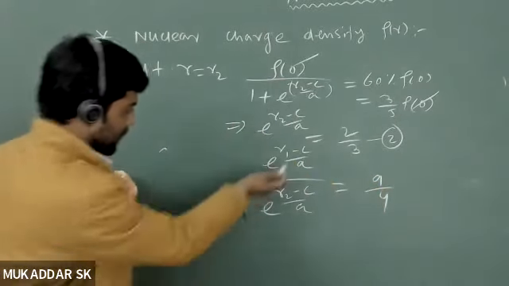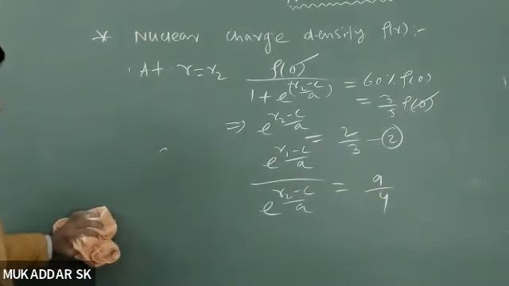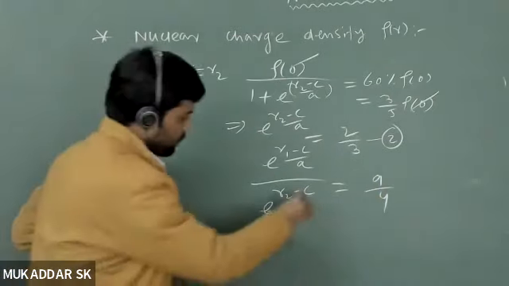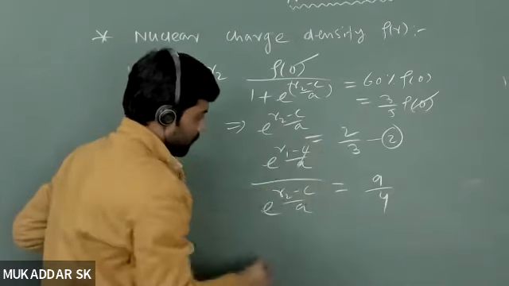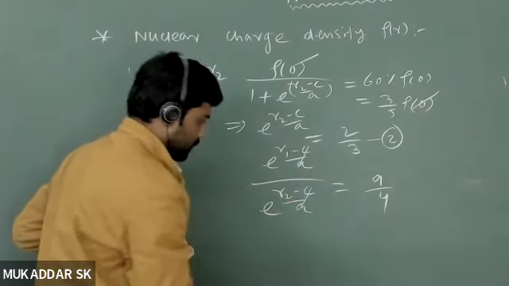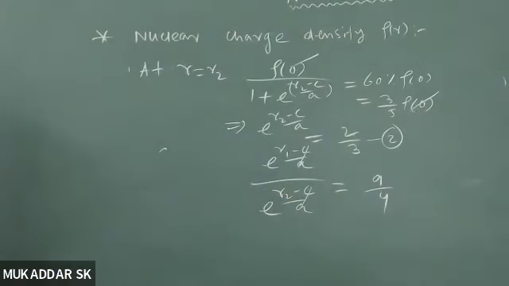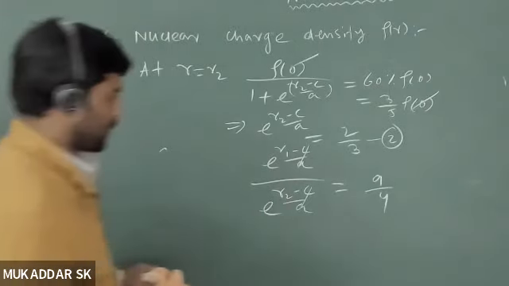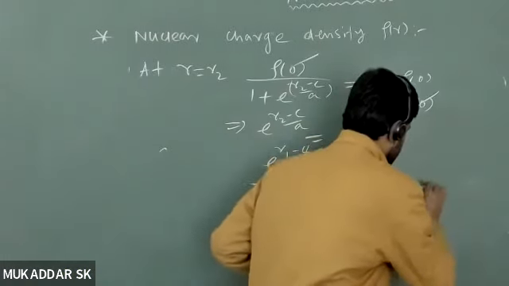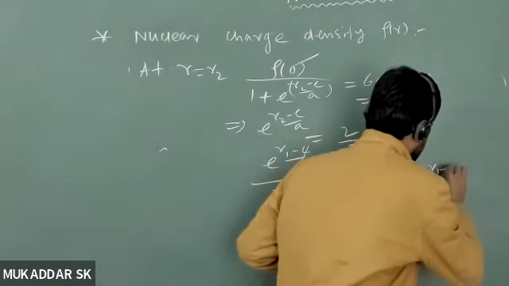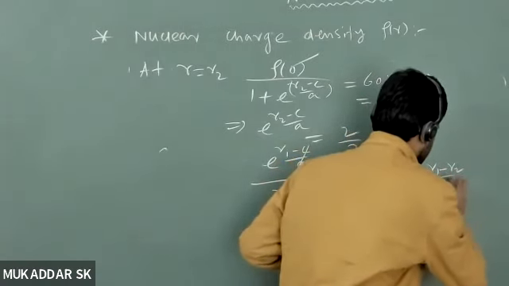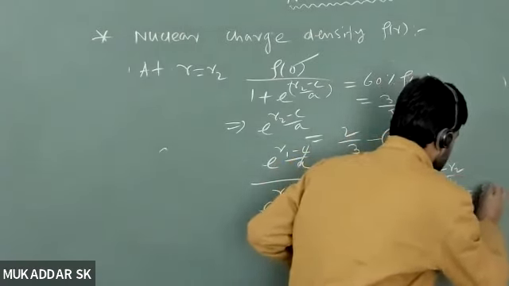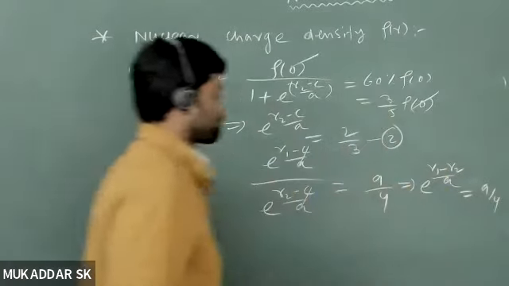Now can I rearrange that left hand part? The second term of the numerator will be cancelled with the second term of the denominator, right? So basically I can easily write exponential R1 minus R2 by A equals 9 by 4. Is this clear?